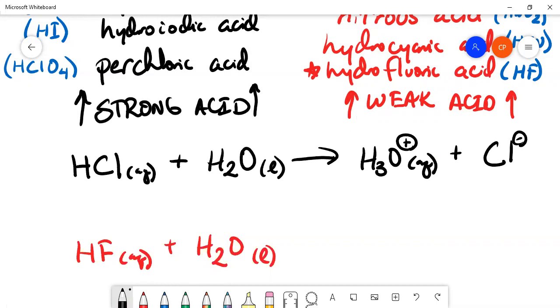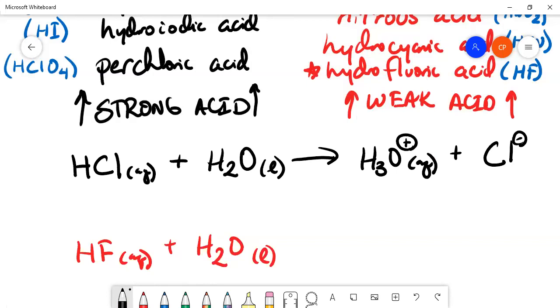Okay? Now, I've spent a good couple weeks in this course talking about equilibrium. I've spent a good couple of weeks talking about reactions that go both to the left and to the right. Notice what I did not draw on the reaction with HCl and water. That's not an equilibrium arrow.